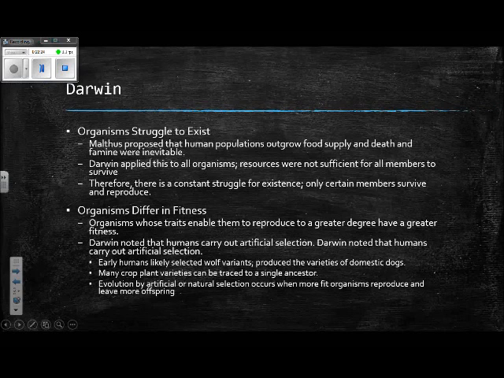Darwin noted that humans carry out artificial selection. Early humans likely selected wolf variants to produce a variety of domestic dogs. Okay, so the wolves came to where they were living and probably lived around where their garbage was dumped, and they noticed, hey, when I have a wolf around, other animals don't bug me.